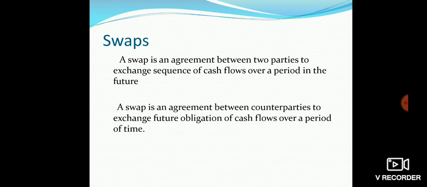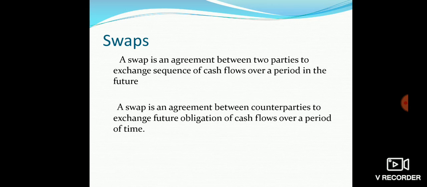Now I am ready to take the risk and I need the floating returns, and my opposite party needs the fixed return. What we both can do is enter into an agreement and exchange our cash flows. So this is called swaps.